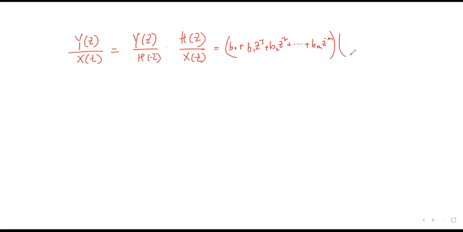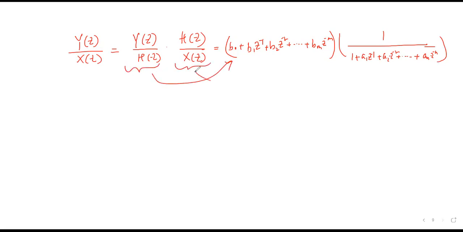And the denominator is given this way: 1 by 1 plus a1 z inverse plus a2 z to the power minus 2, and goes on up to an z to the power minus n. So this one is simply this one, and this one we are assuming to be this one.